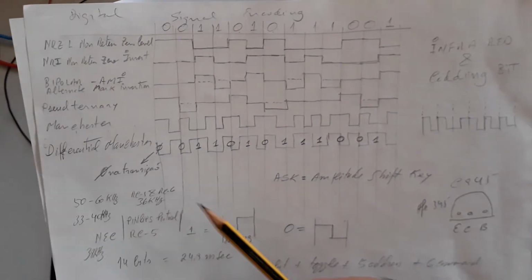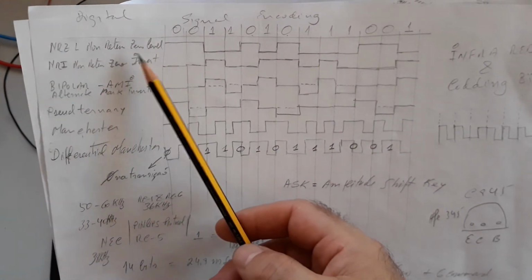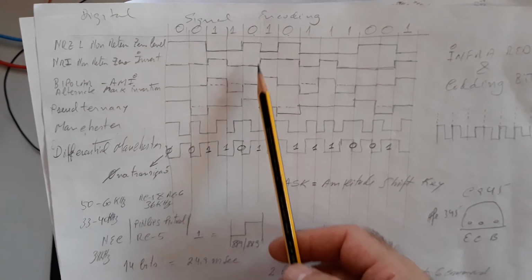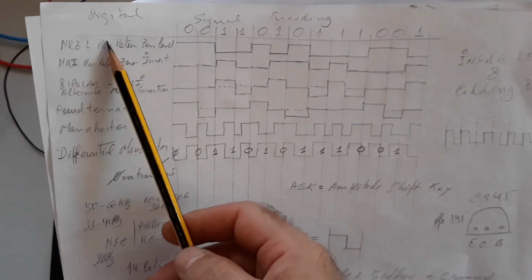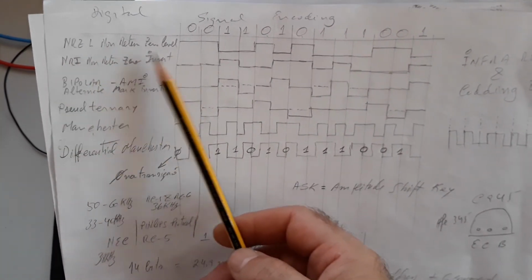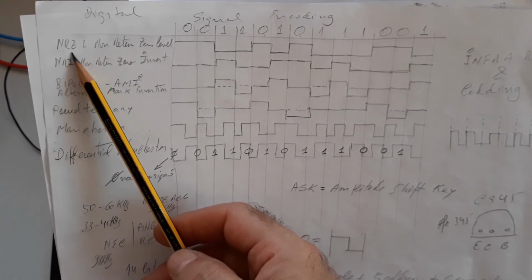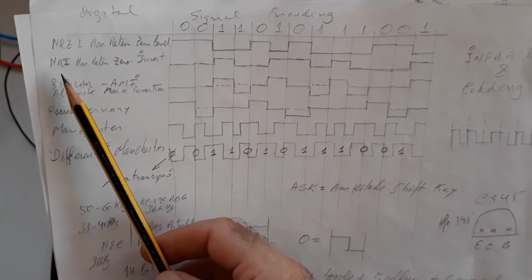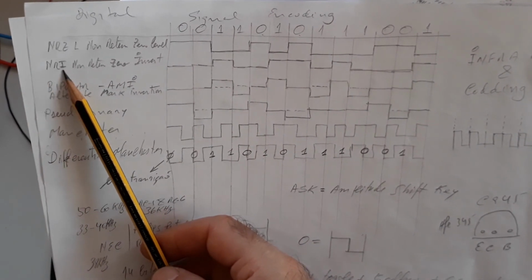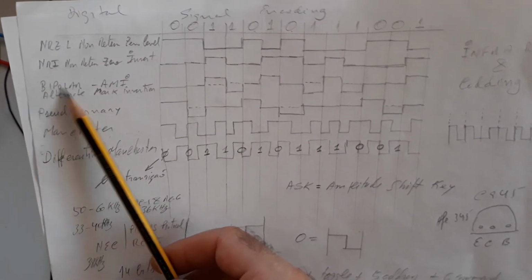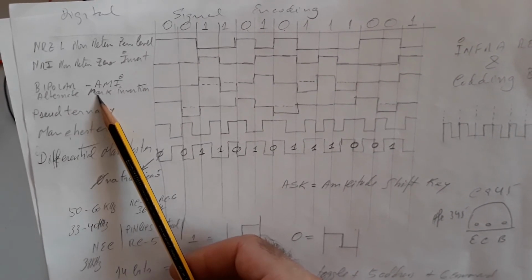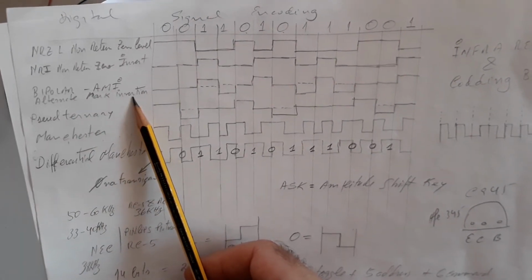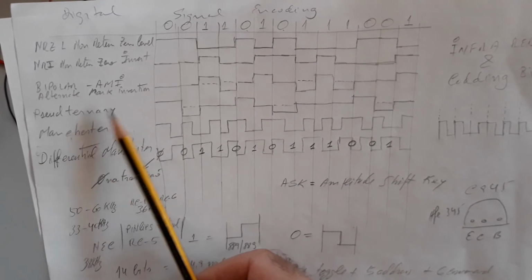To understand the infrared protocol, you need to study and search on the web, because there are a lot of people explaining the protocols you can use. In this case, I only leave you with the names of the important protocols, okay? Non-return to zero is one kind of codification. Non-return to zero inverted, a bipolar with alternate mark inversion, is another protocol.